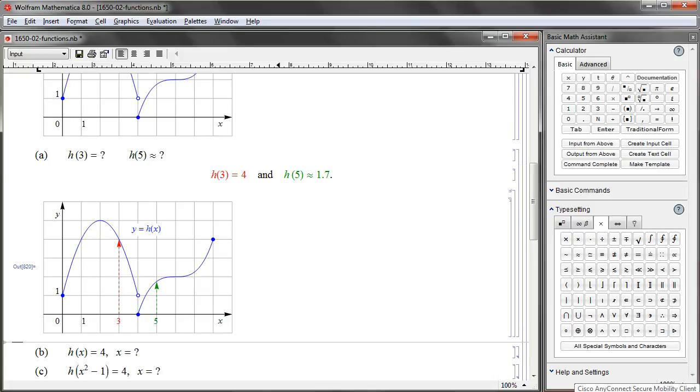As you can see, you have number 5 on the x-axis in color green, and then move vertically until you reach the appropriate point on the graph. That's where the green arrow ends. And then the y-coordinate of that point on the graph is the function value you're looking for, and it's not a lattice point, so you'll have to estimate it, about 1.7.